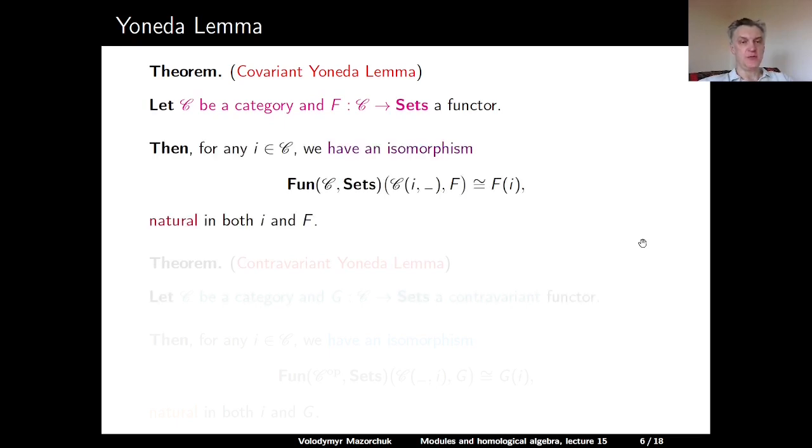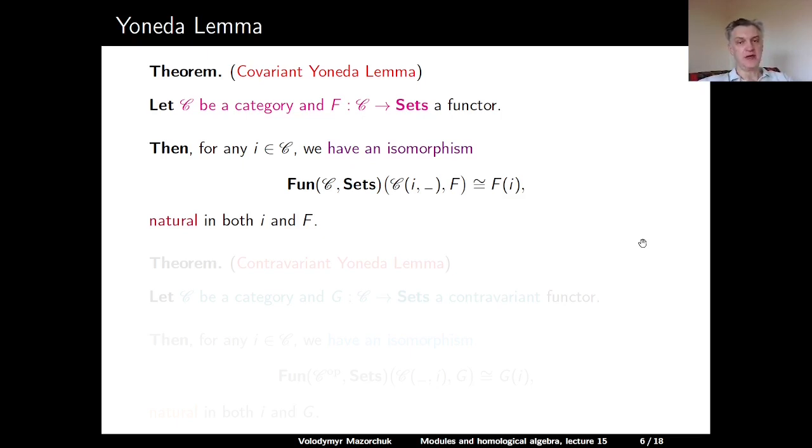Then, for any object I in C, we have an isomorphism which is natural both in this object and in the functor F. The isomorphism takes place as follows. We consider the category of all functors from C to sets. This is a category, as we know from the previous lecture.